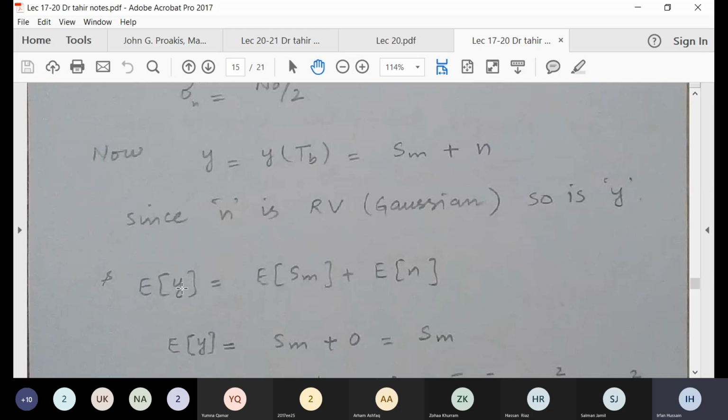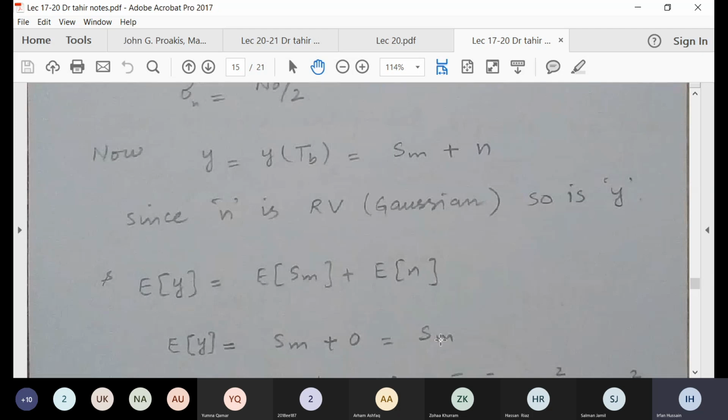You say, all right, variance of y will be equal to E of y squared, because y is also a zero mean random variable. Oh, sorry, no, I'm sorry. E of y will be s of m, because E of y is s of m plus E of n, and E of n is 0.